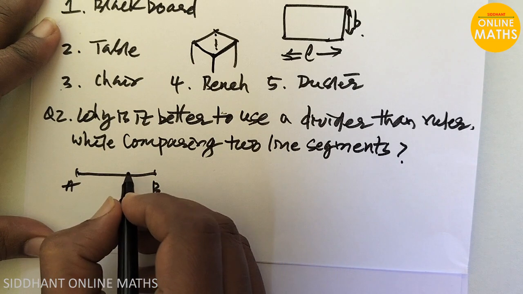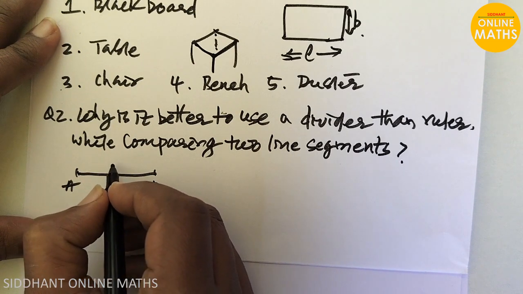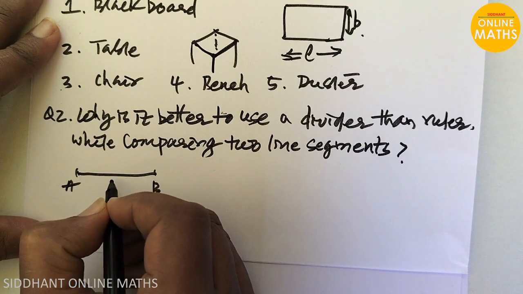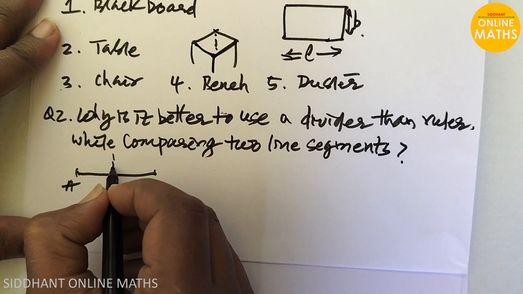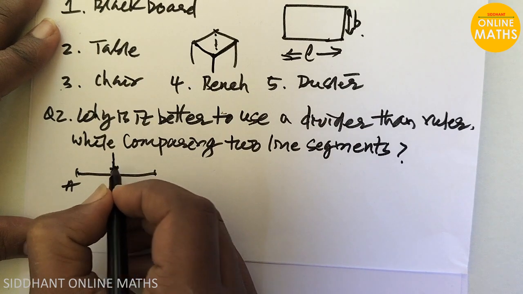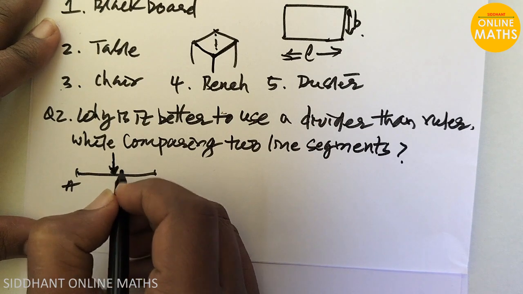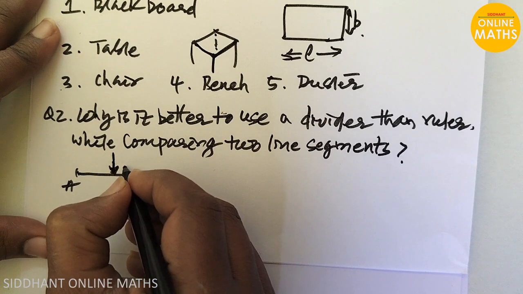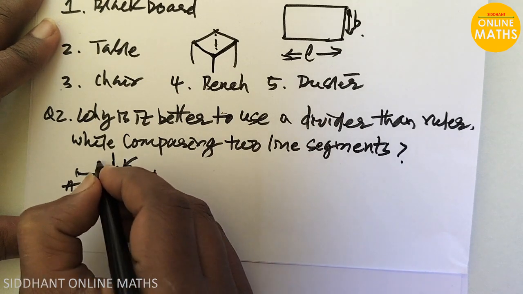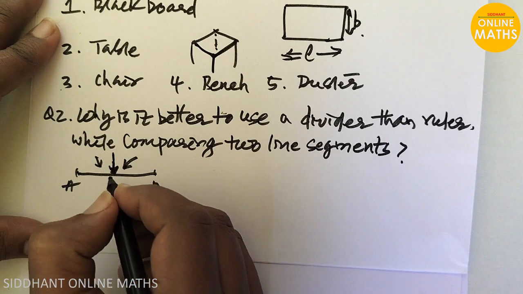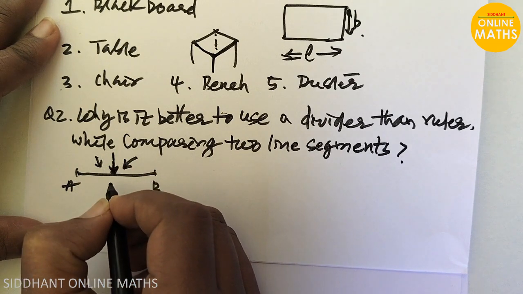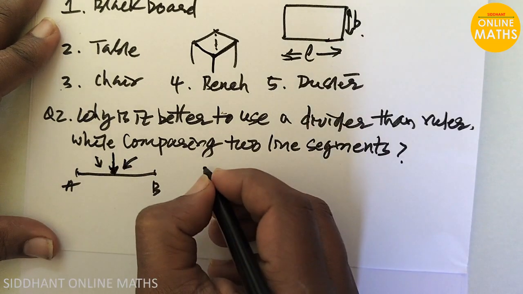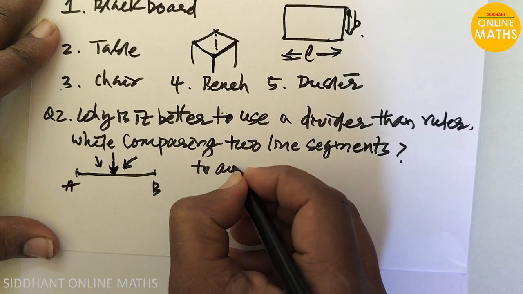But the problem here is in the eye contact on this line. The eye position should be the same, at a parallel position. If you look from a different angle, in this way or in this way, you won't get a proper dimension.